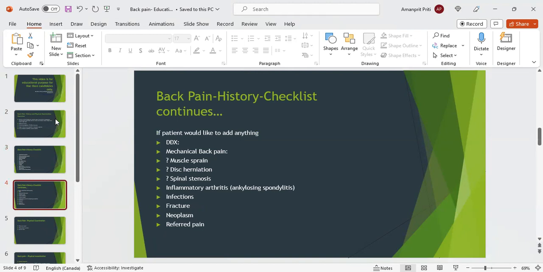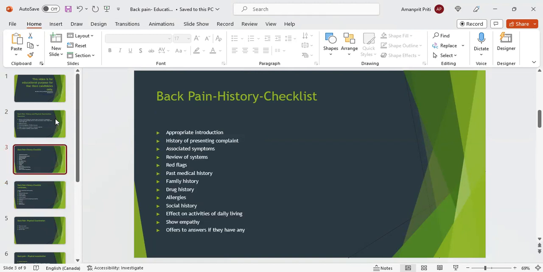For past medical history of the patient, you will inquire if they have any medical condition or if they had any surgery. And for family history, you will inquire as well. Ask if they're taking any medication in their drug history, over-the-counter medications or any prescribed drugs.